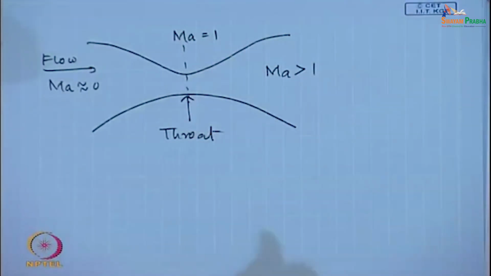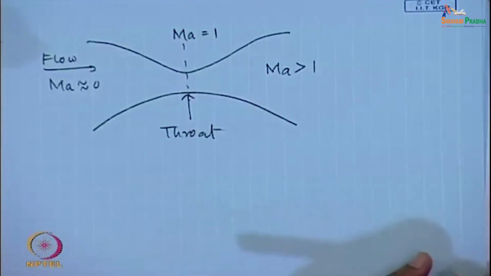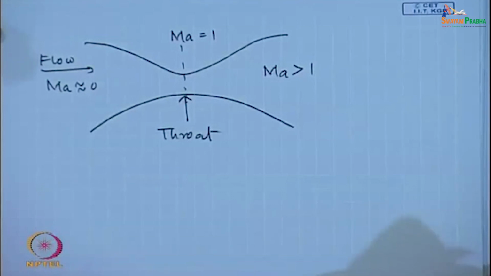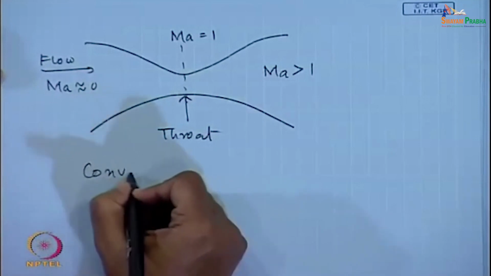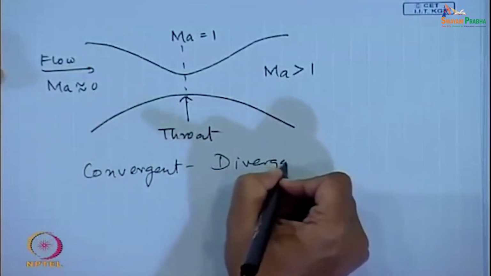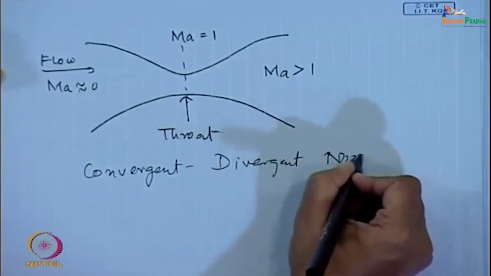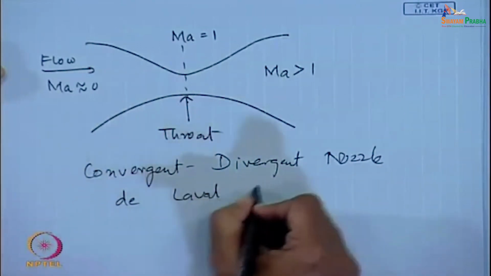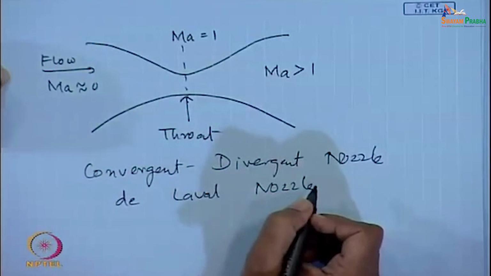So, in order to accelerate flows from the subsonic to the supersonic range, we need a convergent divergent nozzle profile. It has to converge in the subsonic portion and diverge in the supersonic portion. Such nozzles are known as convergent divergent nozzles, or de-Laval nozzles, named after the person who first used and designed it.